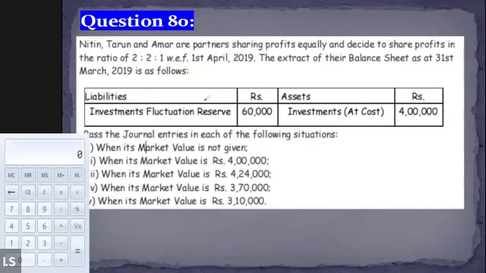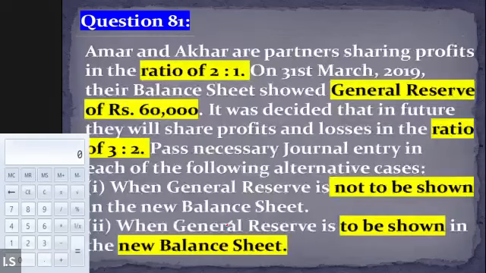And other than that, we have one more type of reserve, which is called the general reserve. So let's do a question based on the general reserve. I don't think I'll have to explain the general reserve first. Let's just directly start question number 81.